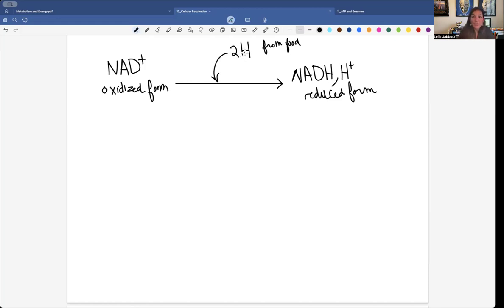So two hydrogen atoms from the food are going to be used to basically reduce the oxidized form of NAD+. I'm just going to leave it at that. And same thing with FAD. FAD also needs two hydrogen atoms and will become FADH2.